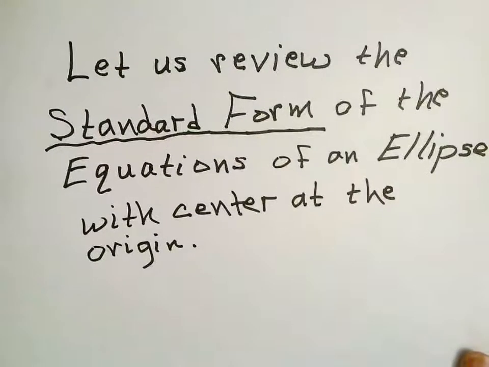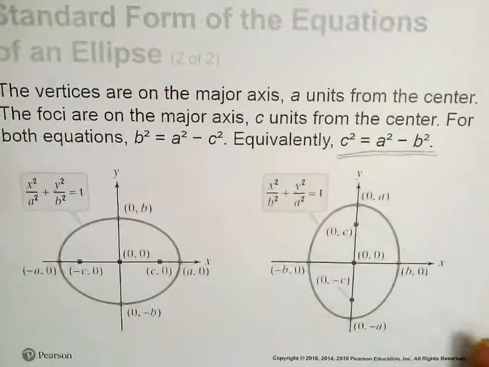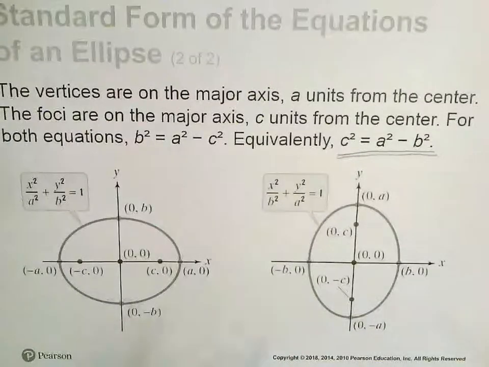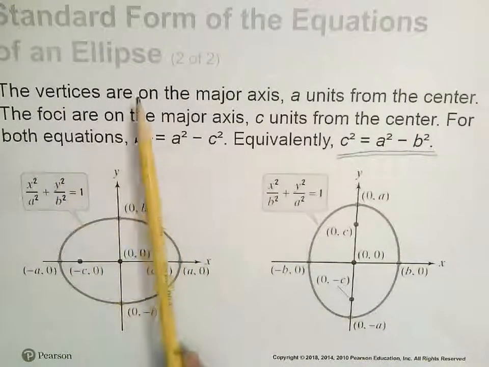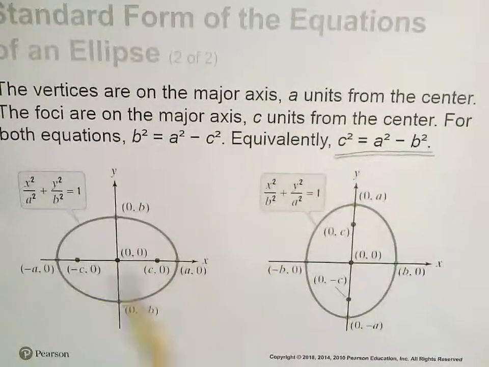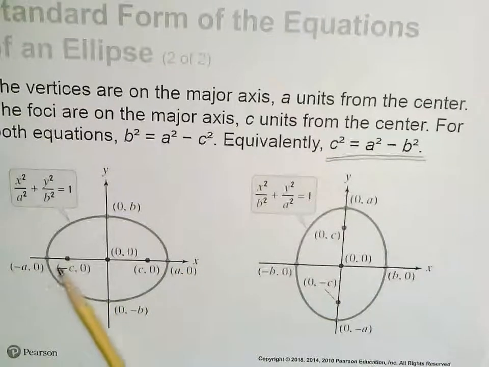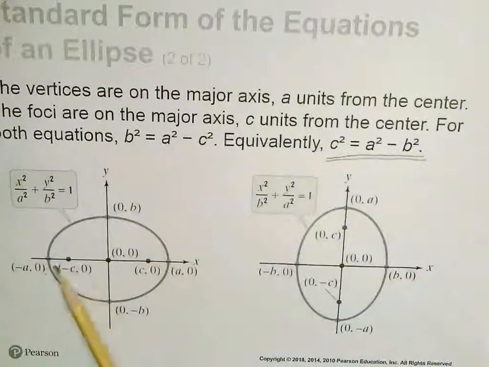First, let us review the standard form of the equations of the ellipse with the center at the origin. We talked about this yesterday. Here, the vertices are on the major axis. This is a horizontal major axis, and remember the A's represent the endpoints of the vertices.